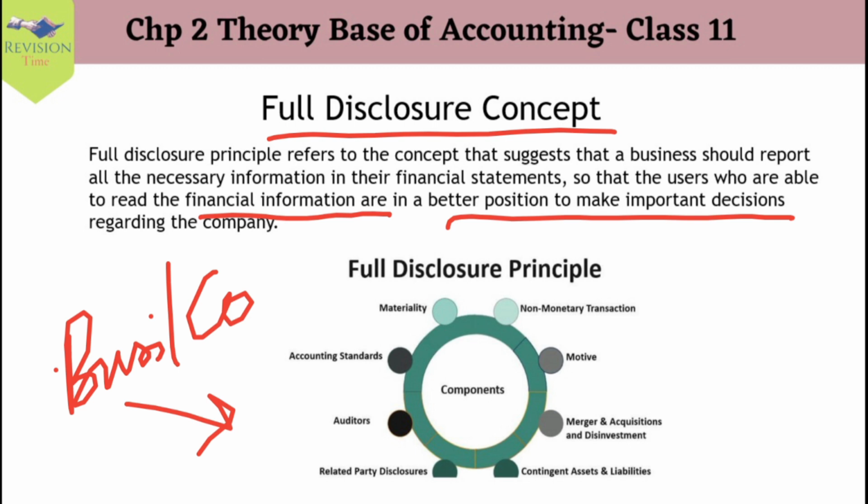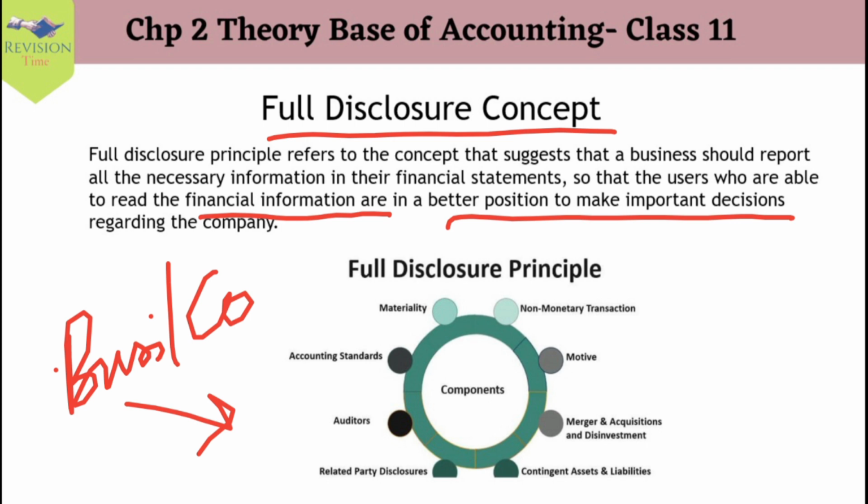We know that there are various users of accounting information and each user uses the accounting information as per their need. So the business is responsible to report each and every necessary information in their financial statements, like loss made during the period, machineries and assets with the business during a particular period of time.